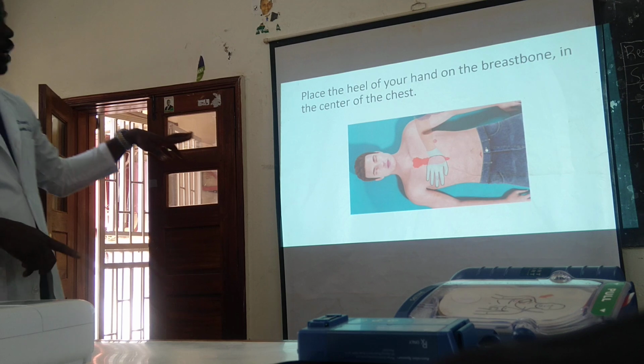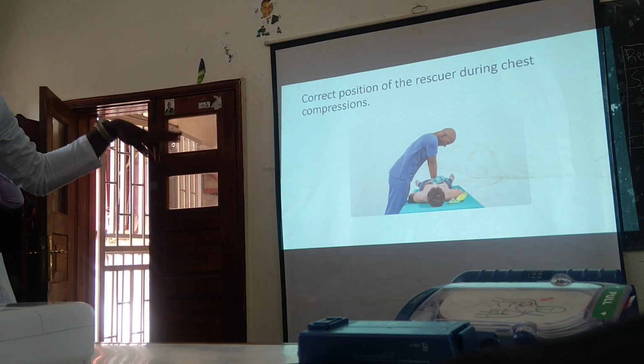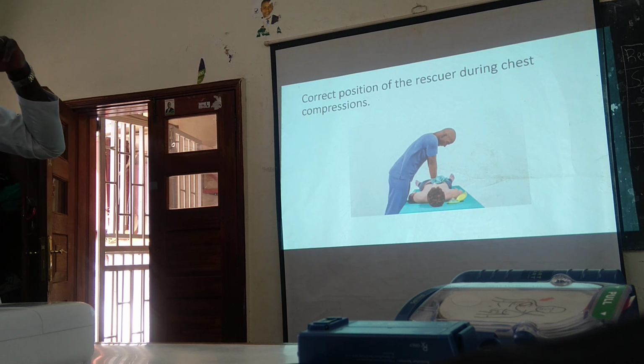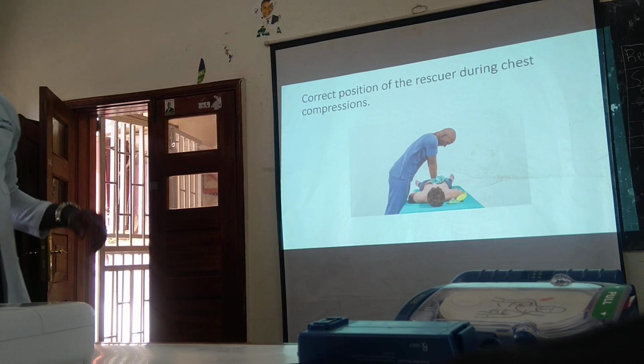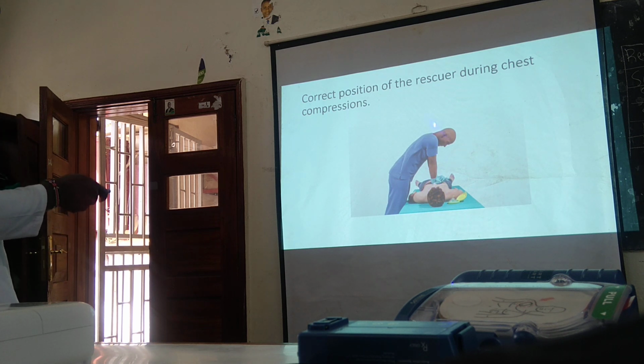This way you're going to place your hand. How will you be on the patient? Are you seeing this alignment of the hand? This straightness here. Where does the weight come from? From the shoulder. It should not come from the hand.